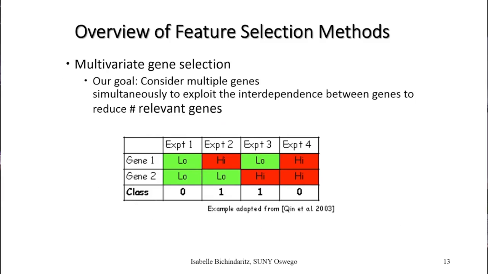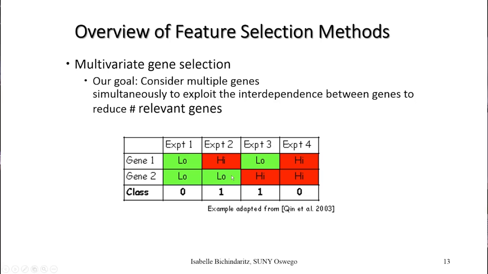And then there are multivariate gene selection methods that consider multiple genes simultaneously to exploit the interdependence between genes. Again, the goal is still the same, to reduce the number of relevant genes. Sometimes, as you see in this example, you have two genes and two classes, 0 and 1. And you see that class 1, for example, could be a tumor type of class.